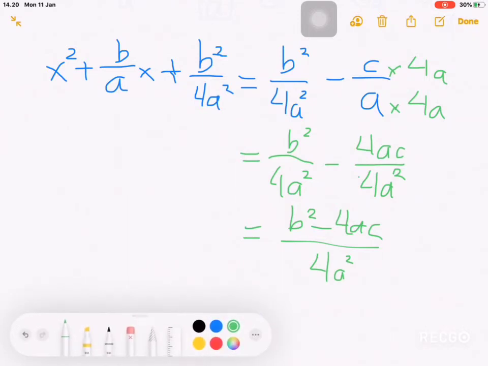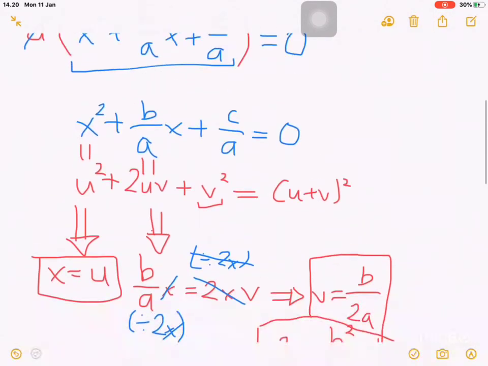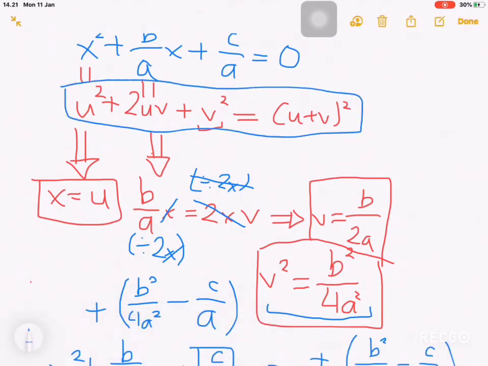And notice this is all equal to our original equation right there. And we might as well factor this. Notice we can just rewrite this like so. Notice here u is x and our v is b over 2a.